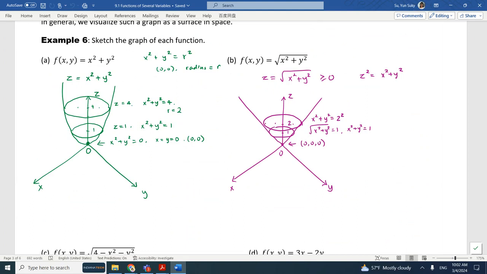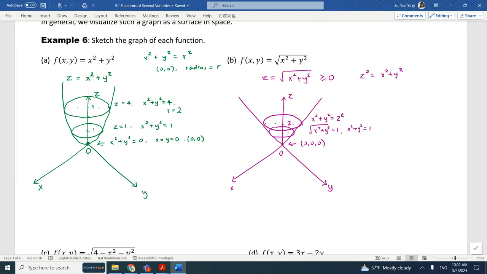And then we increase the z values and we try to plug integer points. That's why we pick z is 1, and then we get a unit circle. By the way, z equals 1 is a plane, right? Horizontal plane. And then we increase the c values, and we said we want to get integer points.